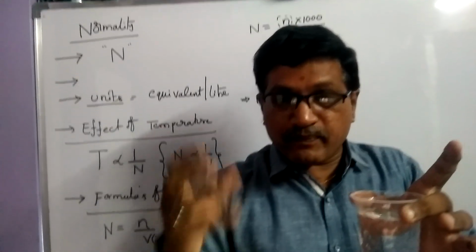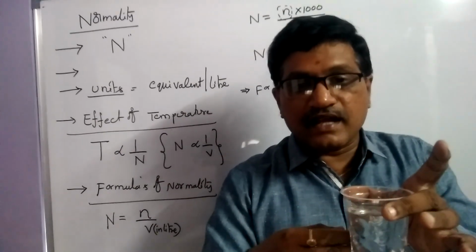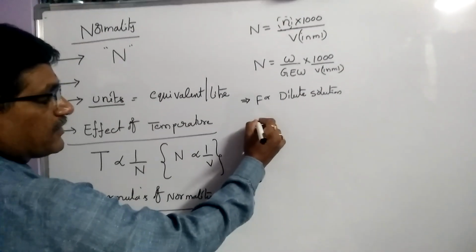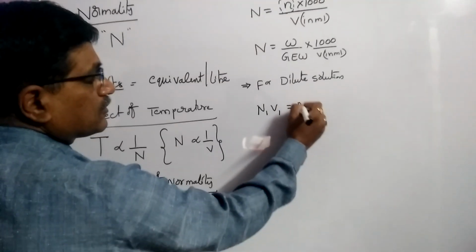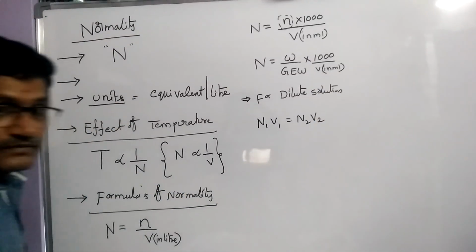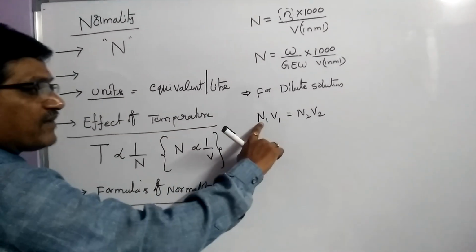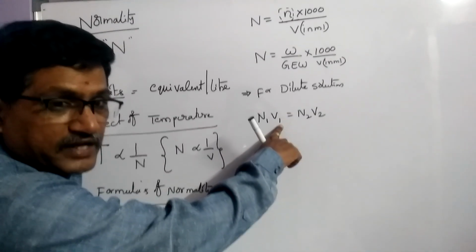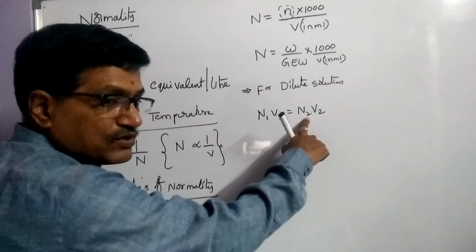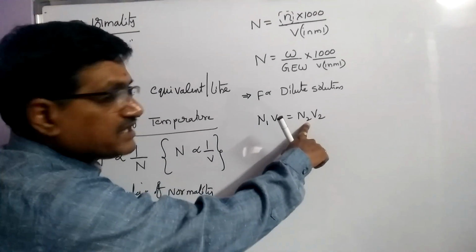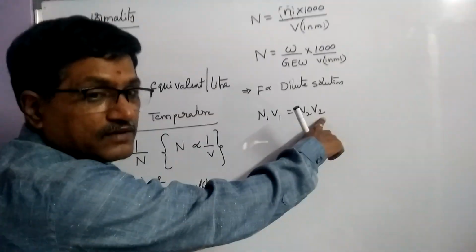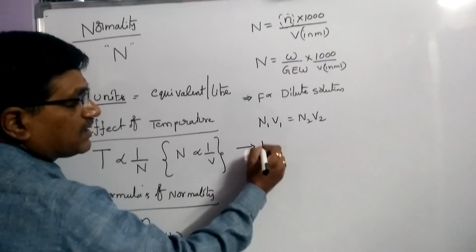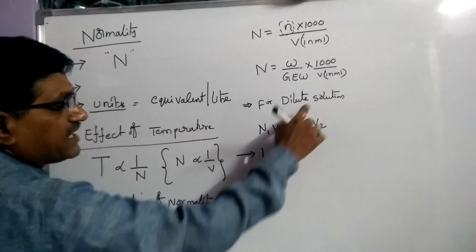So what is the relation between the previous solution and the dilute solution? N1 V1 is equal to N2 V2. Here N1 is the starting normality of the solution, V1 the starting volume, N2 the final normality, V2 the final volume of the solution. After that, how much volume of water is added to get this dilute solution?